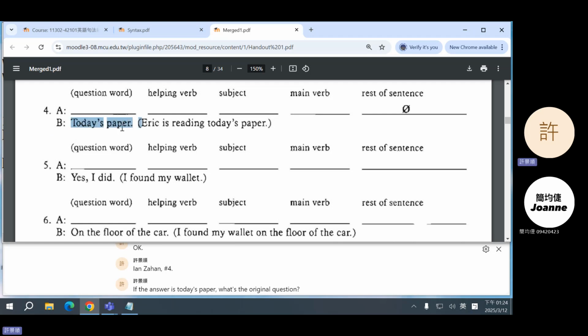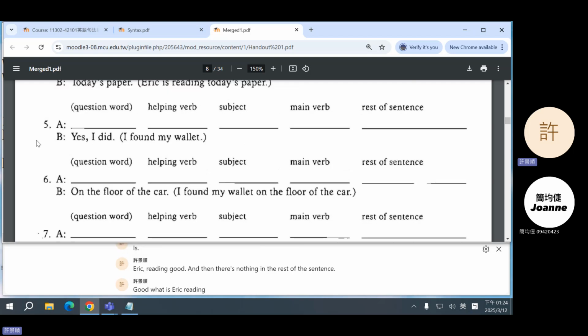It's talking about a thing, right? So the first word should be what, and then is Eric reading? Good. And then there's nothing in the rest of the sentence. Good. What is Eric reading?